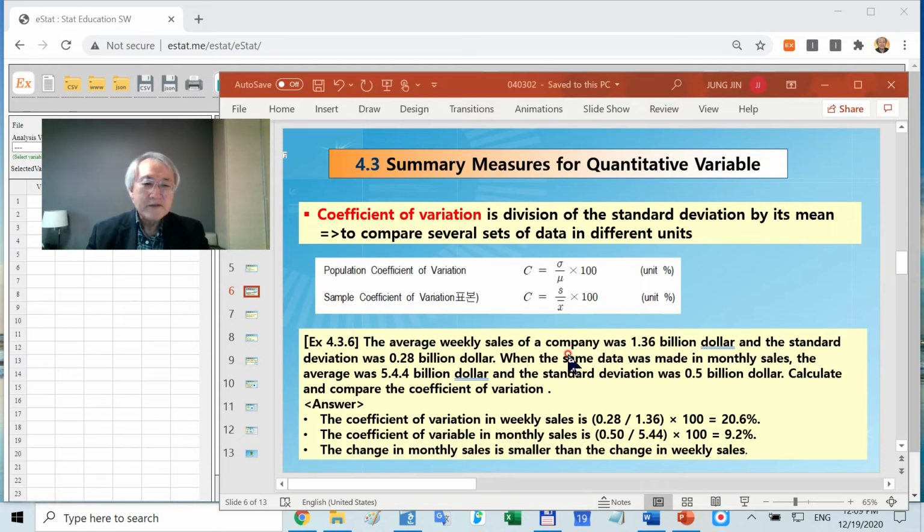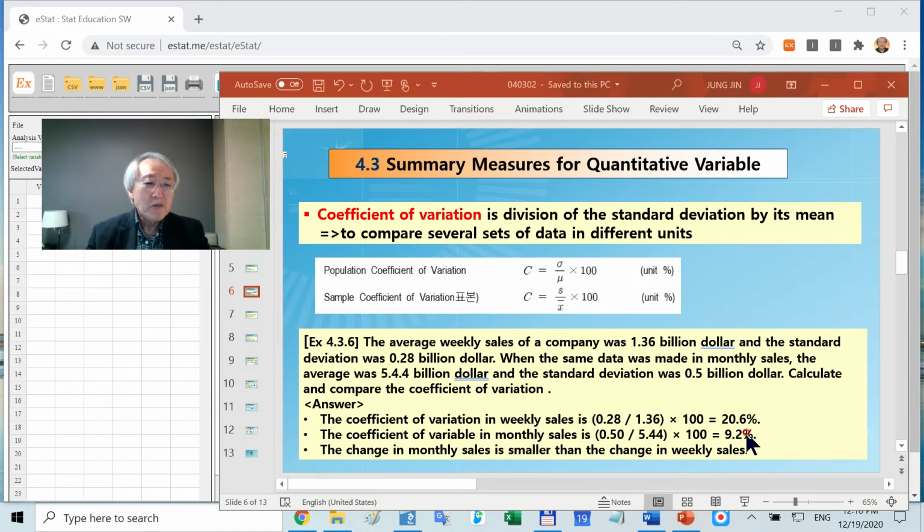Here's a simple example. Suppose you have weekly sales and their standard deviation, and then monthly sales data and their standard deviation. You cannot directly compare their standard deviation. Therefore, you calculate the coefficient of variation in percent. It says weekly sales has 20% variation compared with the mean.